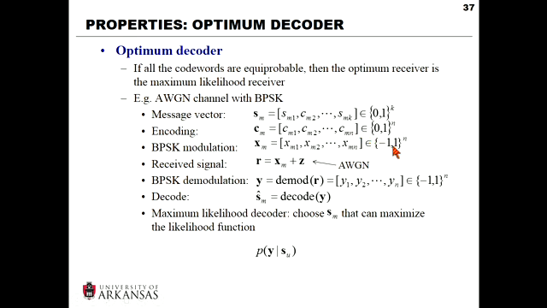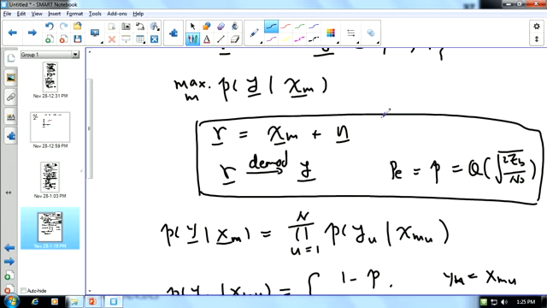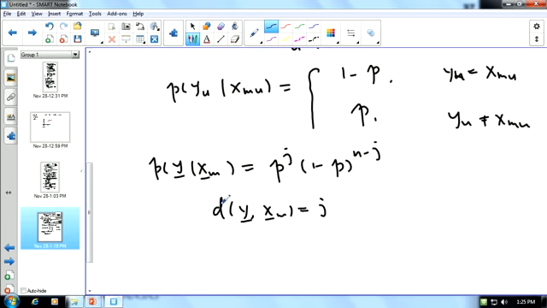XM is 1 or negative 1. And then that's just BPSK modulation. So here it's exactly the same as chapter 3. We have BPSK modulation, we add noise, we got R, right? And R could be, for example, 1.3 or 1.5 or negative 0.3. And then we do demodulation, we can get Y is negative 1 or 1, right? That's demodulation. Any other question?